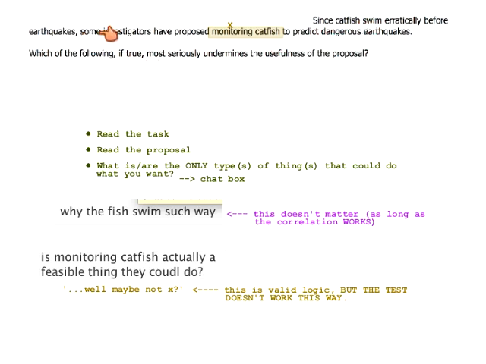This is like all earthquakes, and this is like just the dangerous one. You might want to think about that. Like, what if they swim erratically before? I don't know if you guys know this if you don't live in earthquake country, but here in Tokyo and also in LA, there's little bitty earthquakes every single day. So aha, now we're talking.